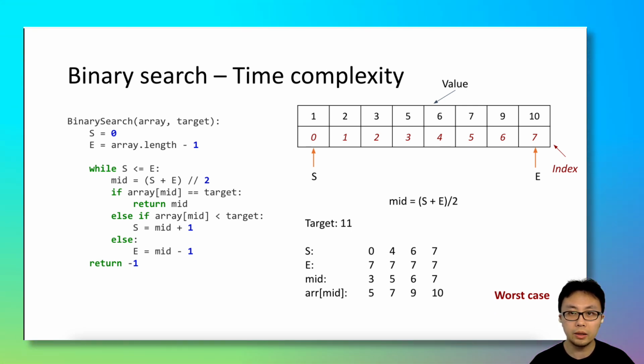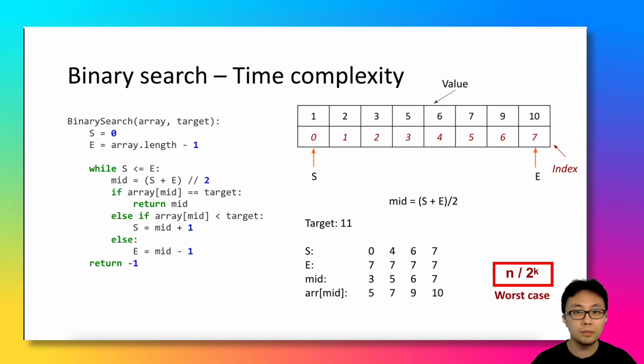This process essentially continues until the search space becomes 1 element or less, at which point the target is determined to be absent. So at each step, the search space size is divided by 2. This can be expressed mathematically as, after k steps, the size of the search space is n divided by 2 to the power k. Remember, n represents the input size, the size of the sorted array, where k represents the number of steps.